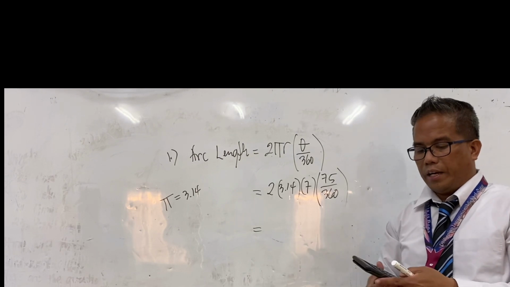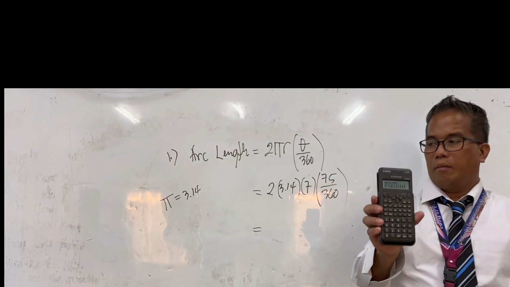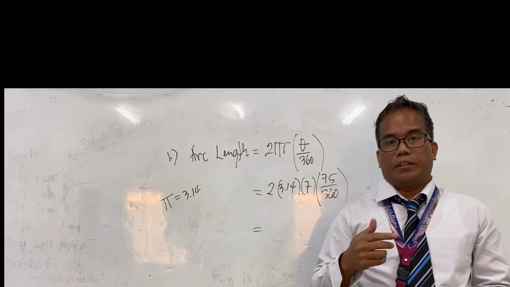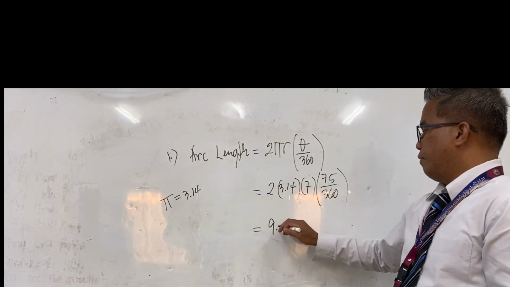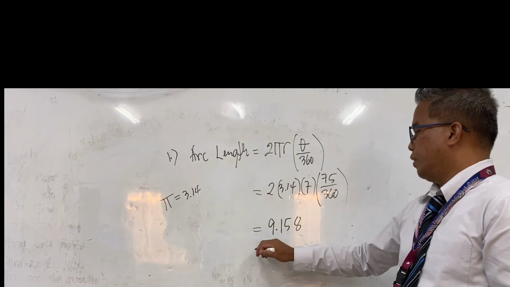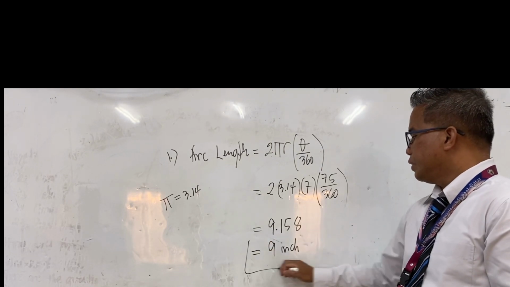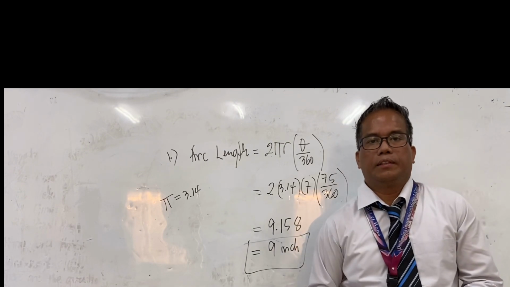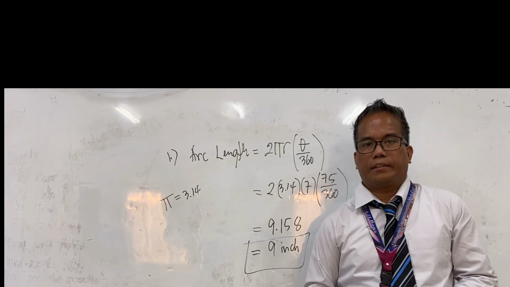The answer, guys, is 9.158333. We will round off the answer to the nearest inch, so 9.158 is equal to 9 inches. This is the answer for number 1 in the real life applications of arc length.